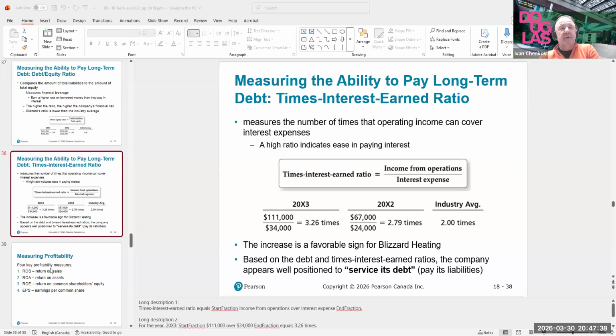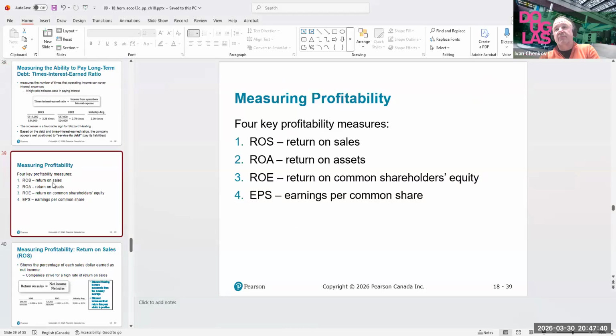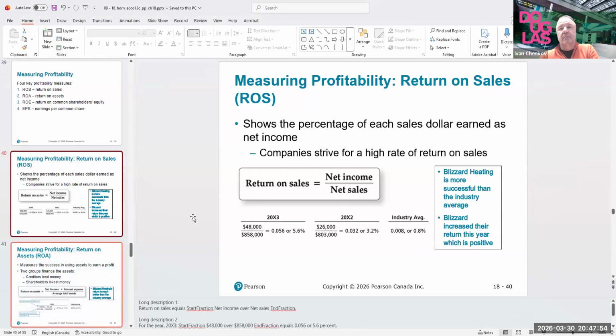Okay, the next set of ratios measures pure profitability from different perspectives: return on sales, return on assets, return on equity, and earnings per share. The first one is return on sales, which measures how much net income we're generating from the sales.